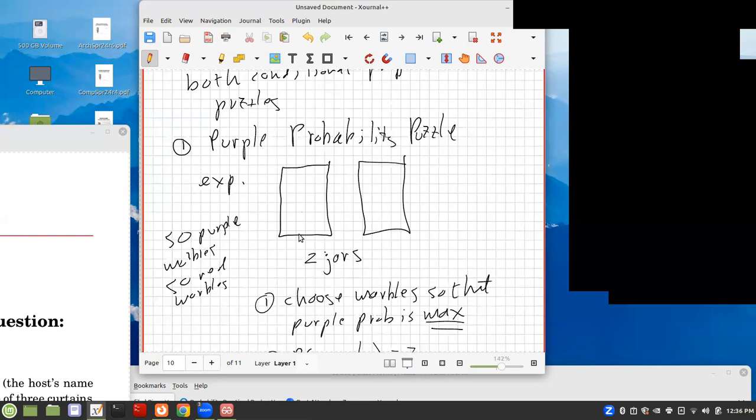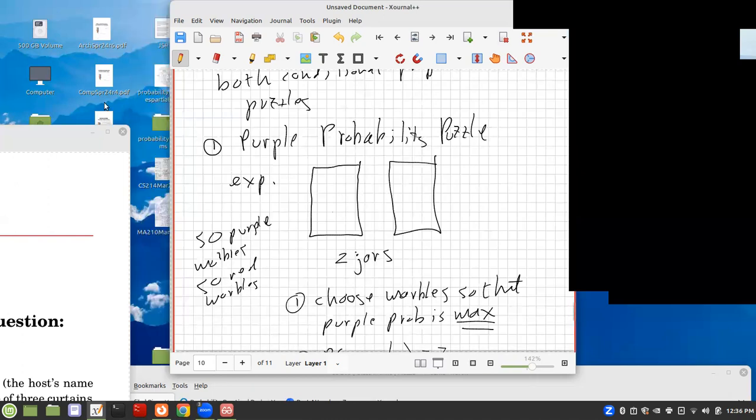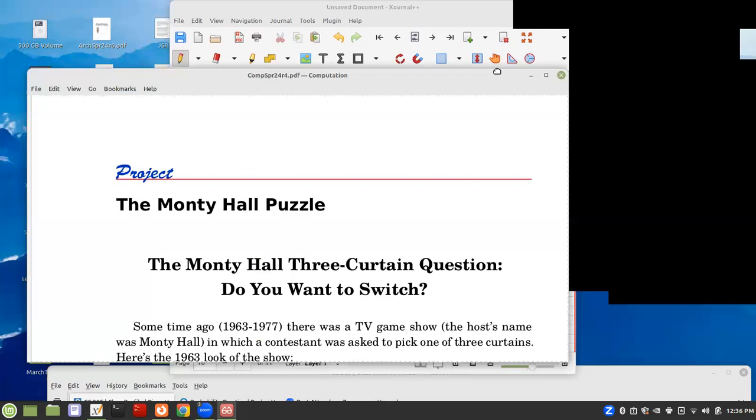So it's like 1/4 for one and 3/4 for the other, but you don't know which one it is. So does it depend on whether the choice is random between the 2 jars? There's lots of extensions of the initial puzzle, which you want to understand with conditional probability.